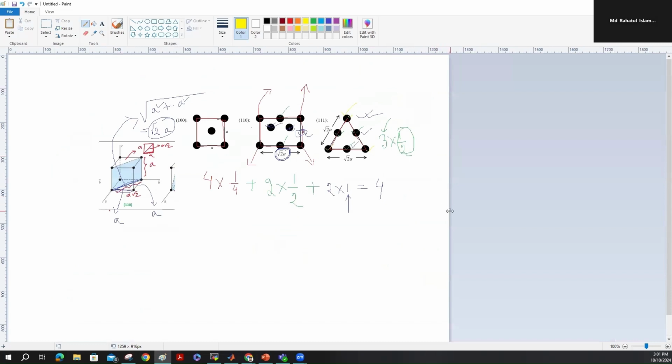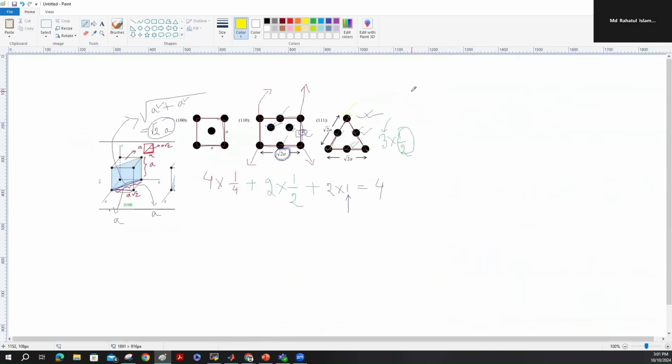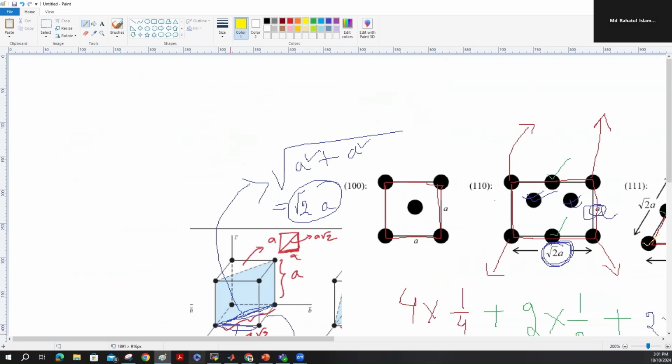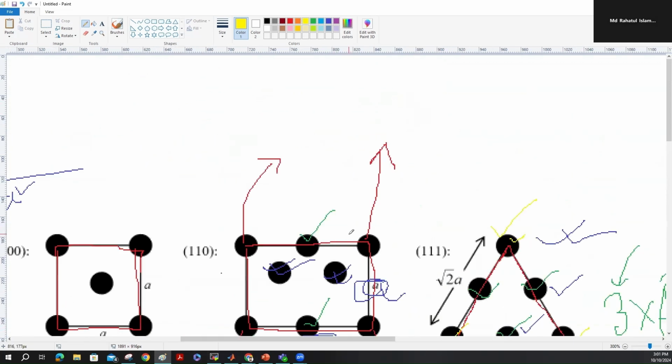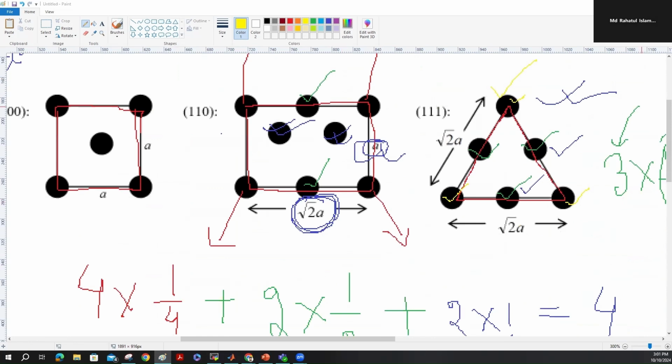Enlarge the picture. Okay, you realize that this is actually an equilateral triangle, so each angle should be 60 degrees, right?